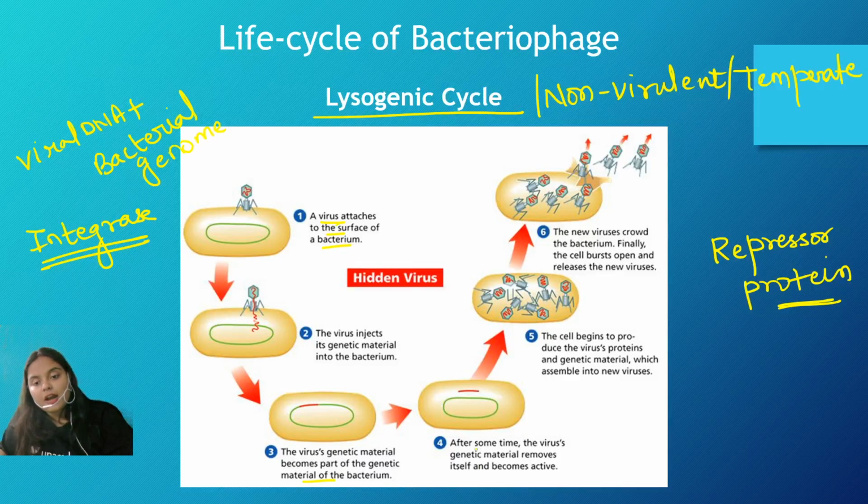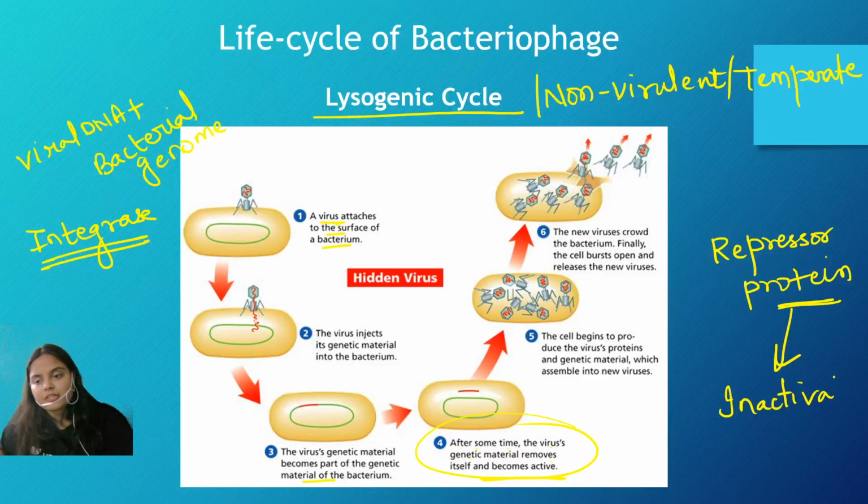Now after some time the virus genetic material removes itself and becomes active, and this is the time when the repressor which is synthesized by the viral particle is inactivated. Initially the repressor molecule is active, but once it gets deactivated, the viral DNA separates itself and starts replicating, and once the viral DNA has been replicated, the protein molecules are synthesized, and this is how the new viruses are formed.